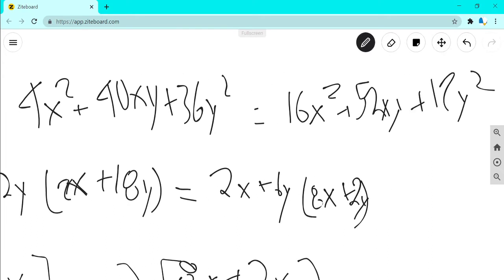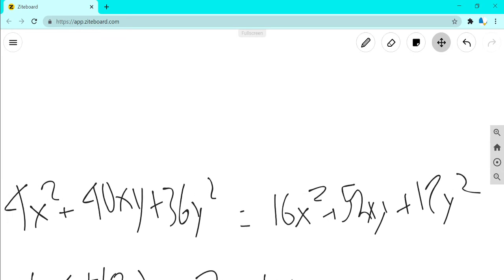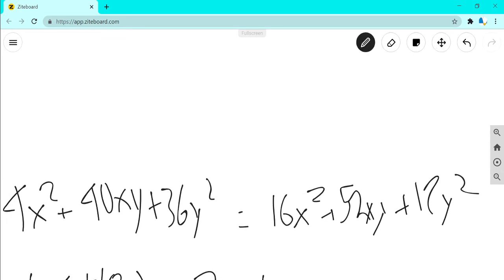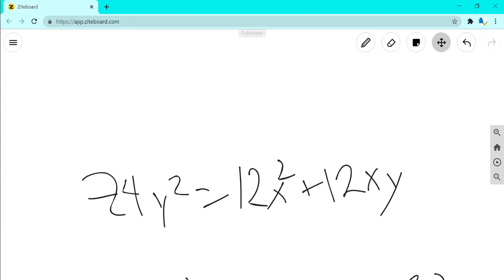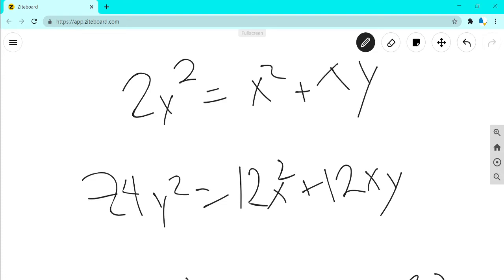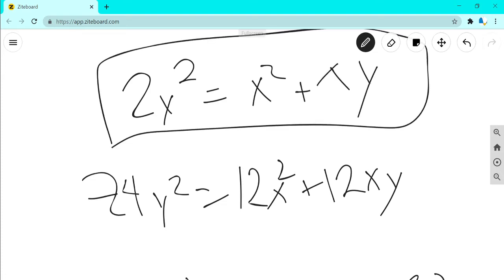Then put like terms together and cancel. You're going to get 12x squared plus 12xy equals 24y squared. You can divide both sides by 12, and you get 2y squared is equal to x squared plus xy. So this is an important step.